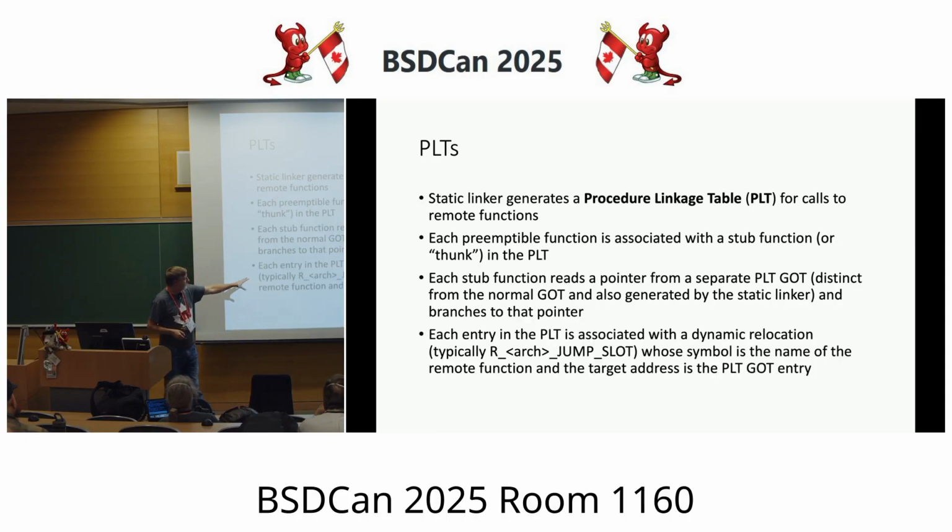And then every entry in the PLT is associated with a dynamic relocation. Usually it's named a jump slot. And the symbol for that relocation is the name of the function that's associated with this stub. And the target address for the jump slot is to fix up the GOT entry to point to the function we're trying to call.